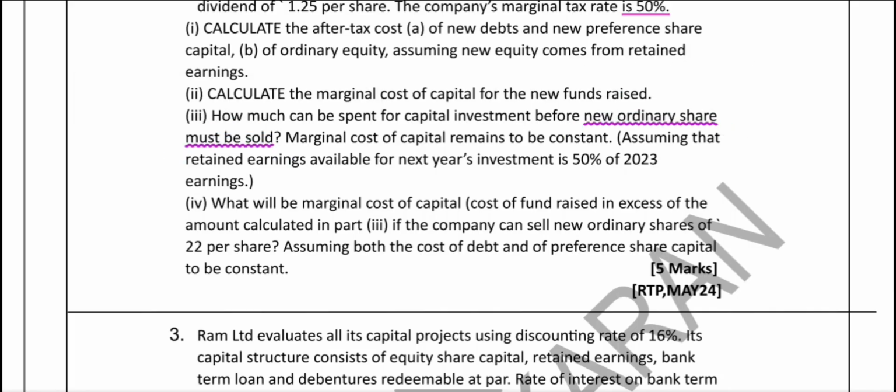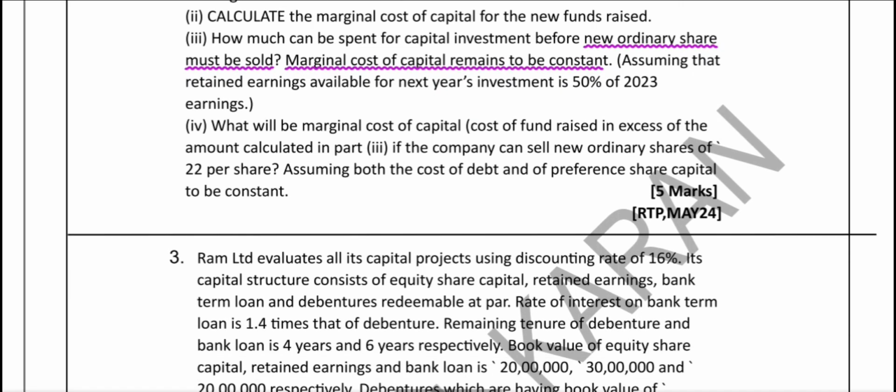And the marginal cost of capital remains constant, assuming that retained earnings available for next year's investment is 50% of 2023's earnings. What will be the marginal cost of capital, that is the cost of funds raised in excess of the amount calculated in part 3, if the company can sell new ordinary shares at 20?